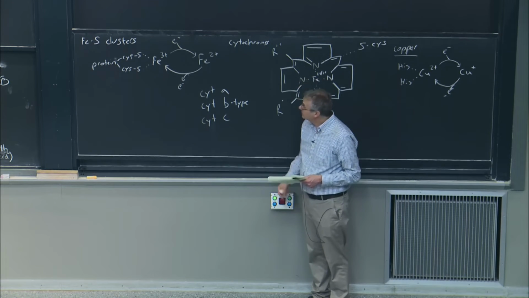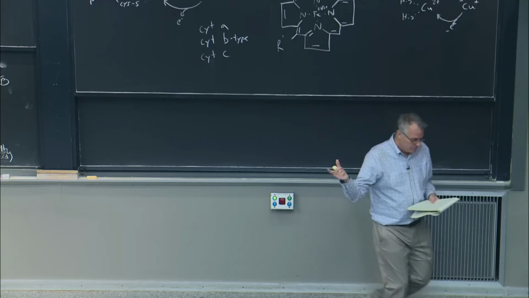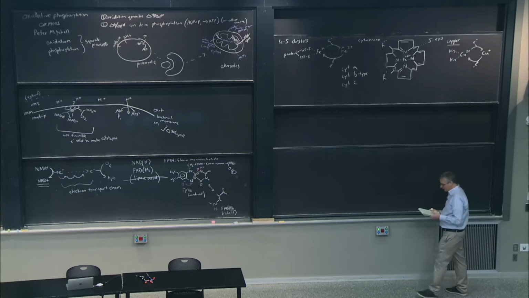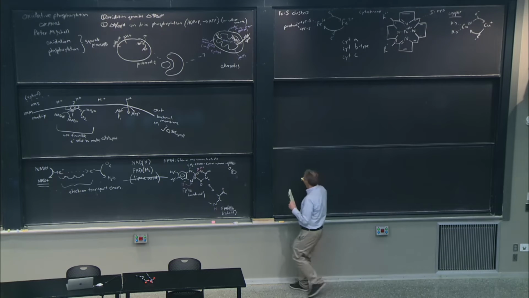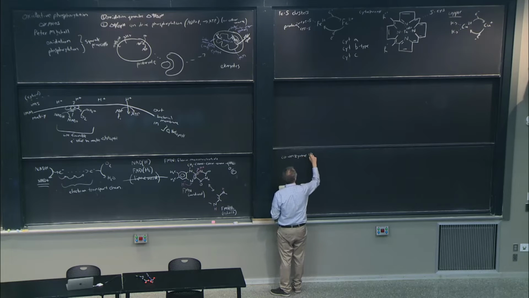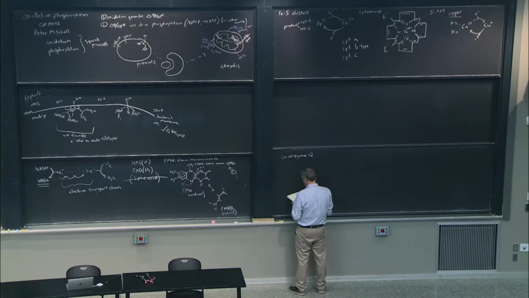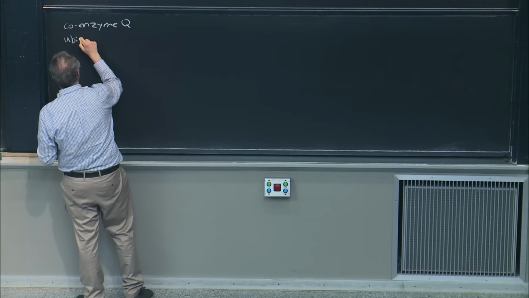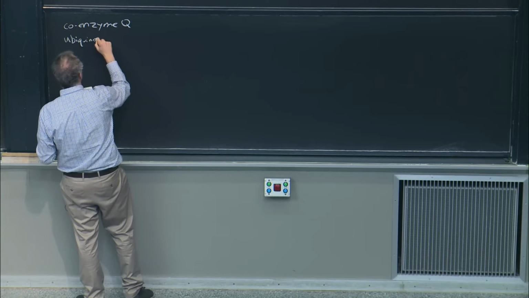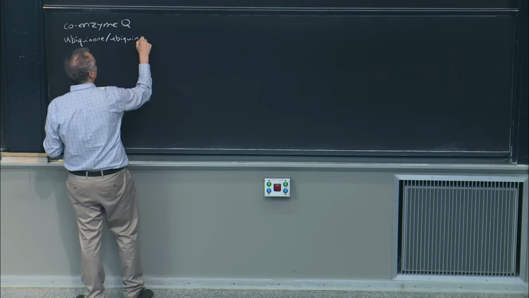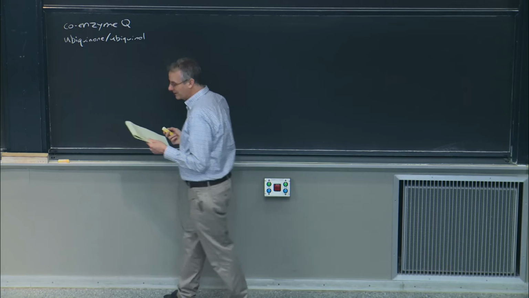Obviously, you need ways to carry both 1 and 2 electrons if you're going to move electrons between these different carriers. And an important molecule to do that is something called Coenzyme Q, all right? Coenzyme Q, sometimes referred to as ubiquinol, because it's ubiquitous.